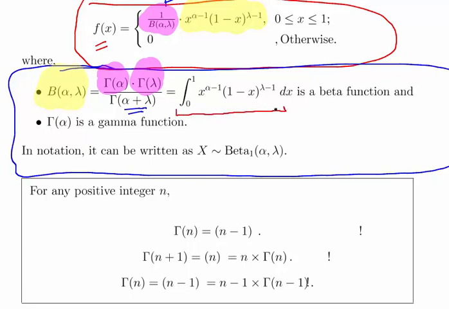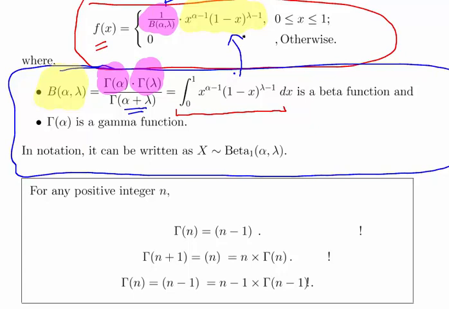Usually this is the type of thing that would turn up at the back of an exam paper. The integral from 0 to 1 of x to the power of alpha minus 1 times 1 minus x to the power of lambda minus 1. That is the beta function. And you can see pretty quickly that this corresponds very closely to what we have above.